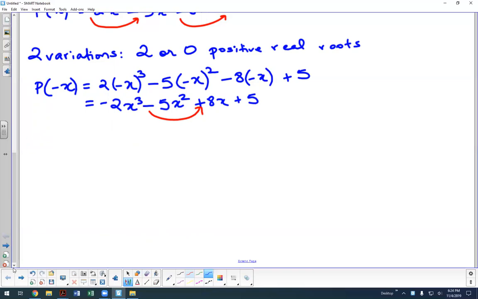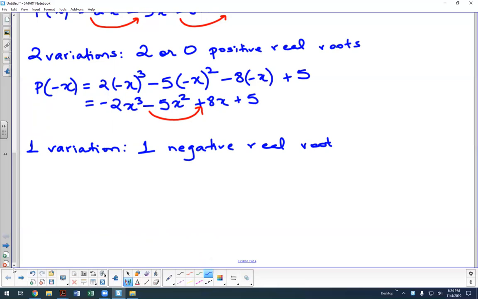So 1 variation means there's exactly 1 negative real root.